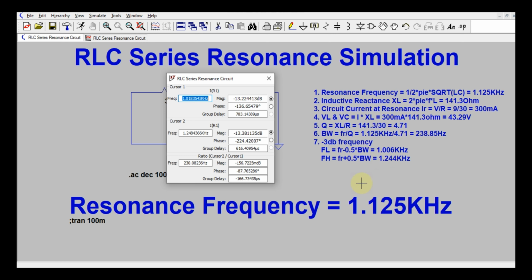Now here you are getting your higher cutoff frequency as 1.2448 kilohertz. That means your theoretical value is matching with your simulation result.